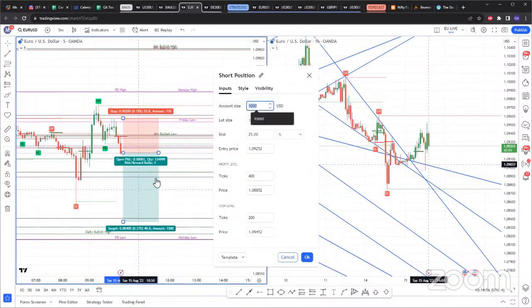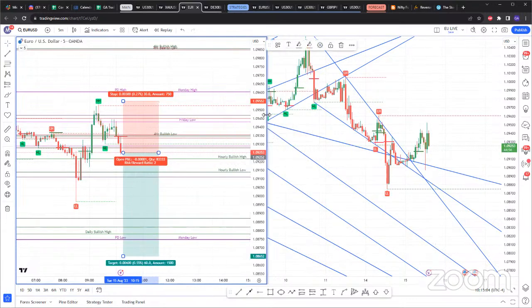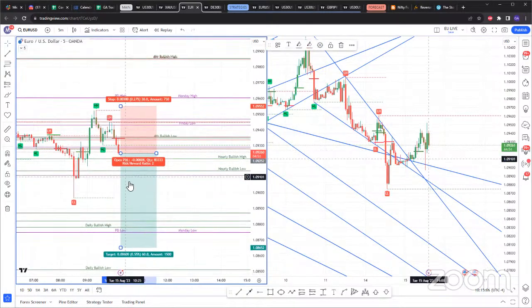This is 20. If it keeps dipping this way, I'll go for 30. Ideally, because I don't want to be looking at this. Okay, so that's the trade right there. I will enter that trade.